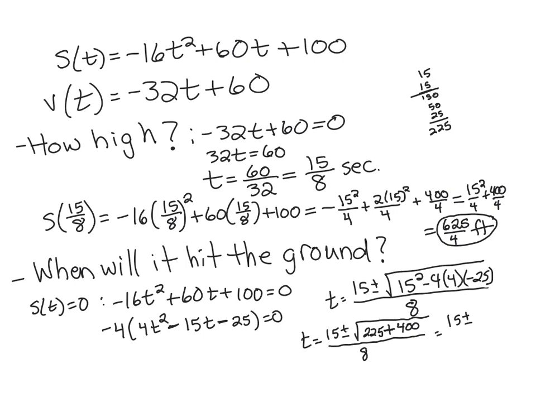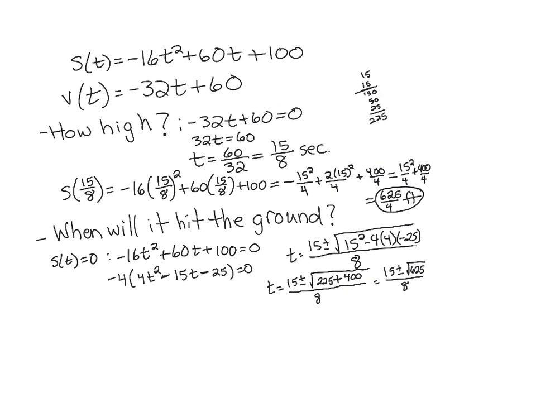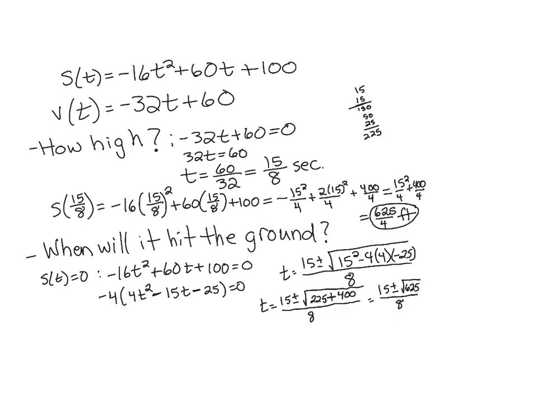15 plus or minus the square root of 625, all over 8. And guess what? This is plain old 25. So to make this smaller, I have t equals 15 plus 25 over 8, or 15 minus 25.